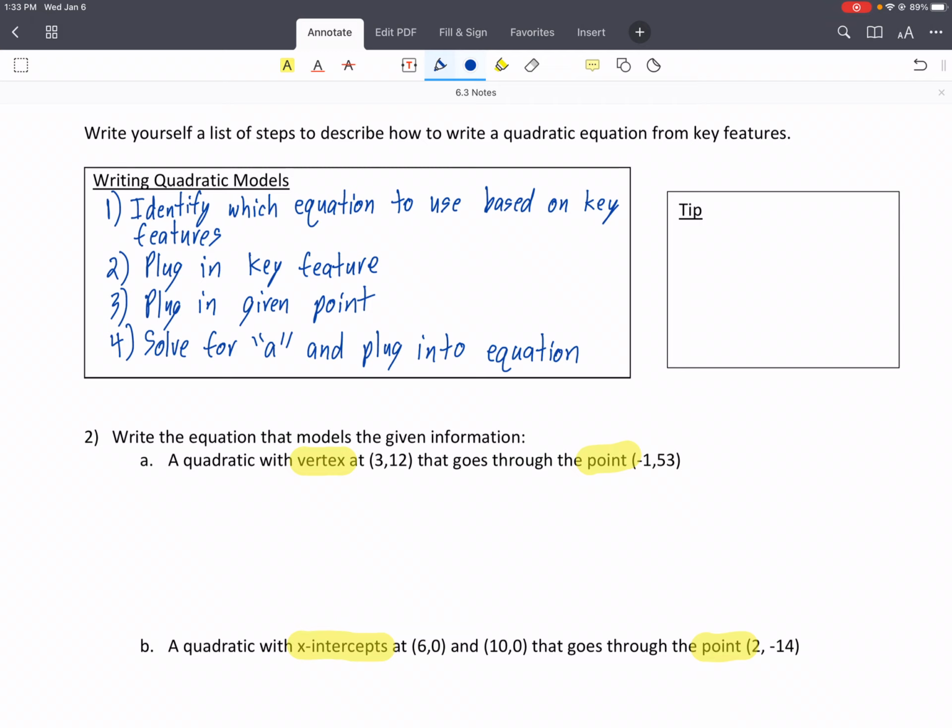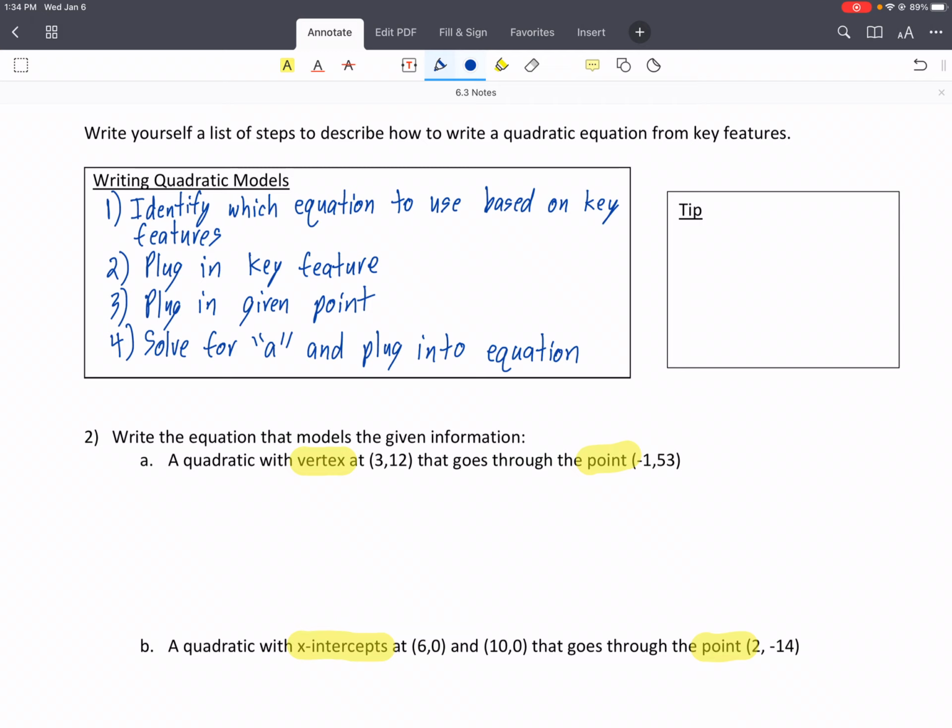If it gives us our x-intercept, then we use x-intercept form. If it gives us our vertex, then we use our vertex form. It may give you your y-intercept, probably won't, but you may see that.